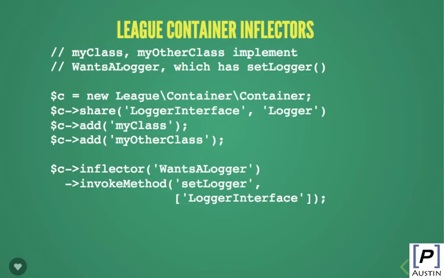So for example, this logger right here, this inflector says, anything with the logger interface, or a set logger method, go ahead and set that. And now that's still happening on construction or very close to it.